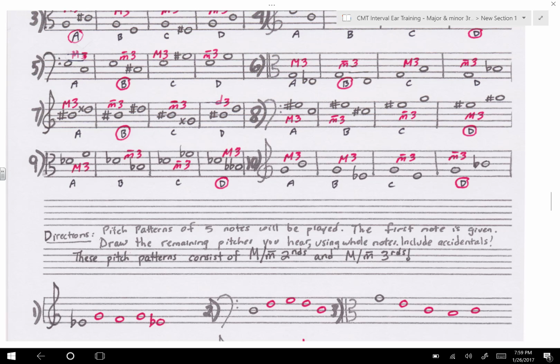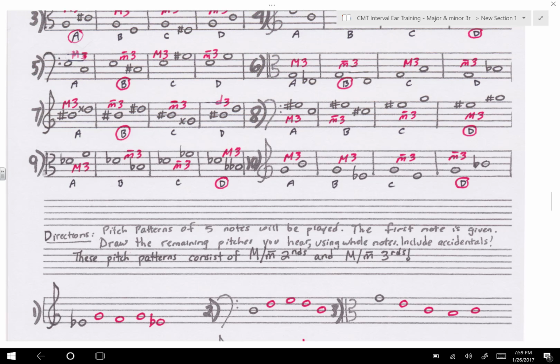Then we had a major third descending from the first note you had to draw to the next note. Interesting. So this sounds like sol, mi, do right off the bat. So from sol to mi, we're dealing with a minor third descending.